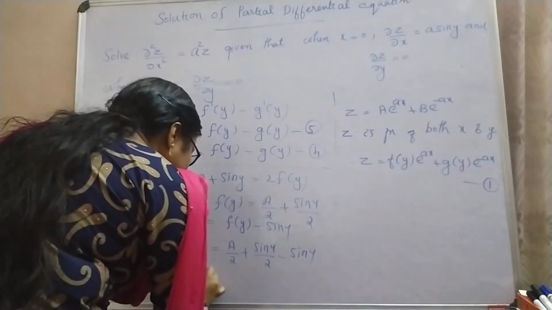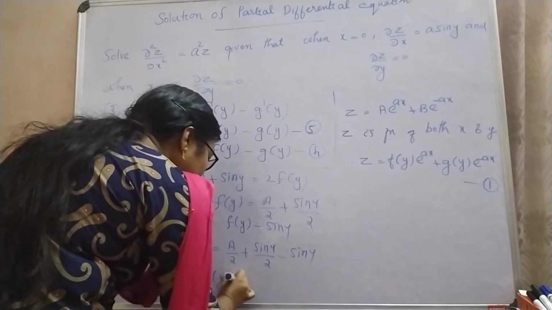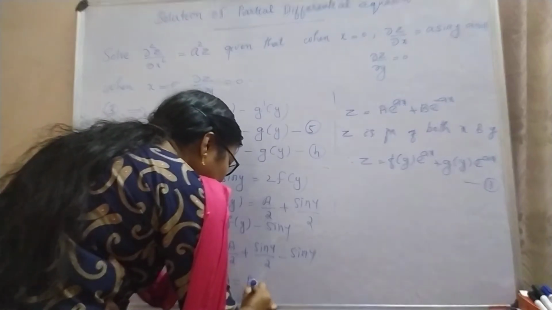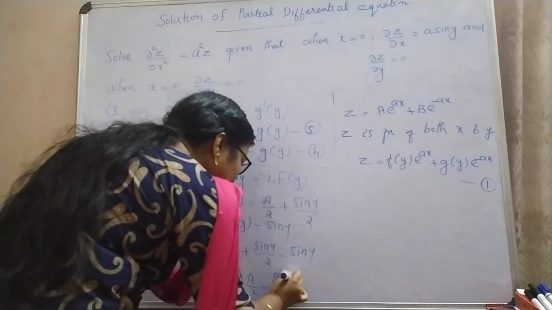That is g(y) = a/2 + sin y/2 − sin y. That is g(y) = a/2 − sin y/2.